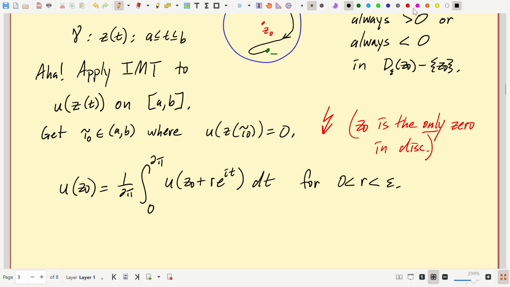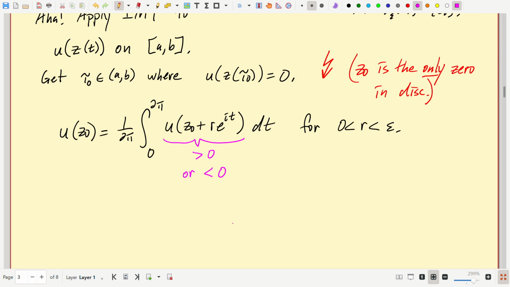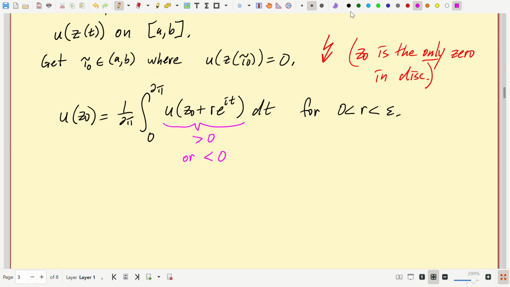This thing is either always positive or always negative, and so that would give me a strictly positive or negative value. So u of z naught is either greater than 0 or less than 0. That's a contradiction, since we assumed it was an isolated 0. I like that argument. It's simple, and it just uses the averaging property.